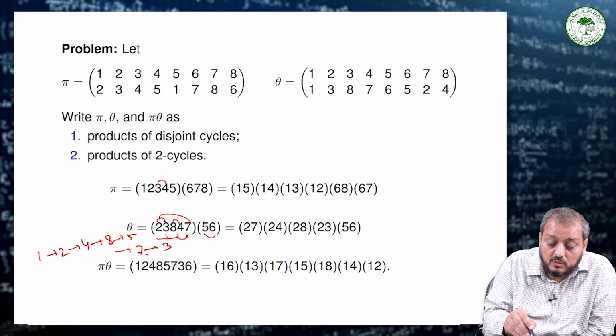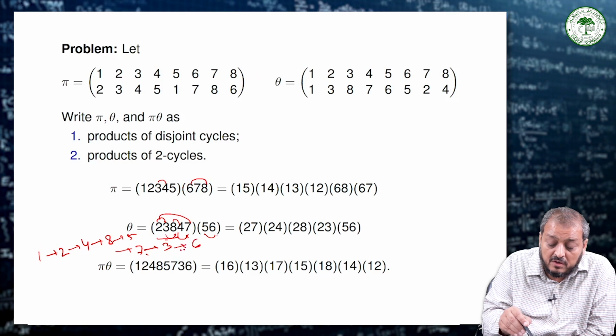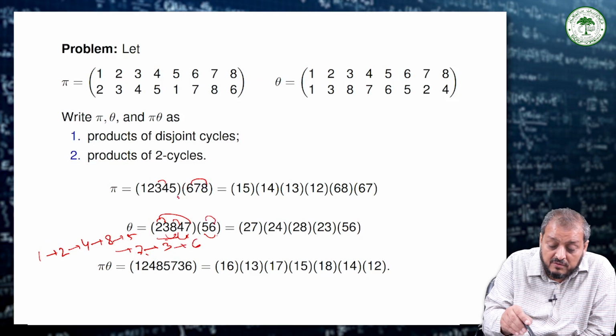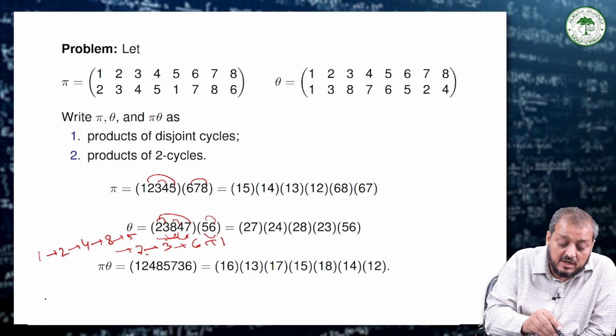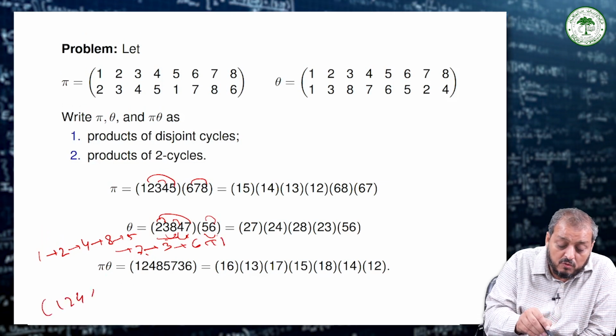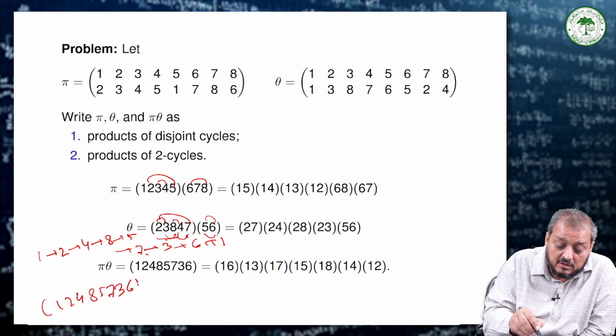Now 3 goes to 8, and 8 goes to 6, so this is 6. Now 6 goes to 5, and 5 goes to 1, and this is 1. So clearly we have 1, 2, 4, 8, 5, 7, 3, 6.